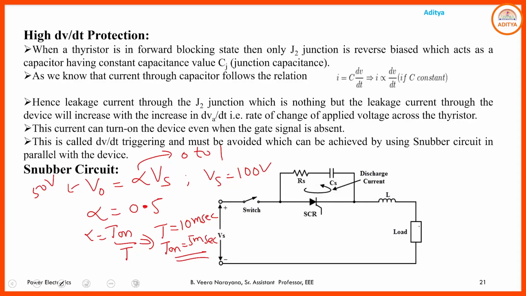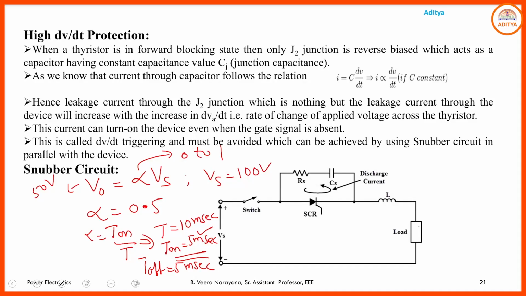So for safe and reliable operation of this step down chopper, if you want 50 volts as the output from the 100 volts input, you need to maintain an on time of 5 milliseconds and an off time of 5 milliseconds. If you maintain it like this, you collect 50 volts as the output voltage, no problem. Initially you maintain the on state for 5 milliseconds. Next, for 5 milliseconds we keep the SCR in the off state.